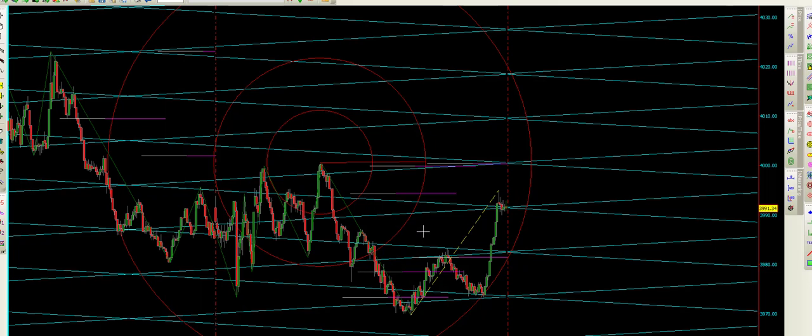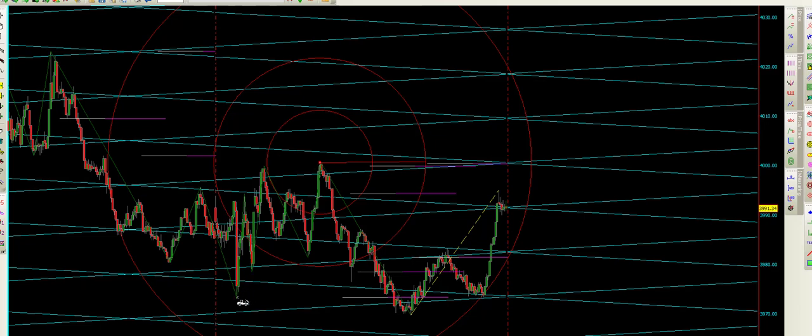So here we are. Now this is the ultimate time and price. There's also a price. A square has 4 sides. This is side number 2. This is side number 4. Now what does that mean? It just simply means we're converting the square into a circle to see the cycles.